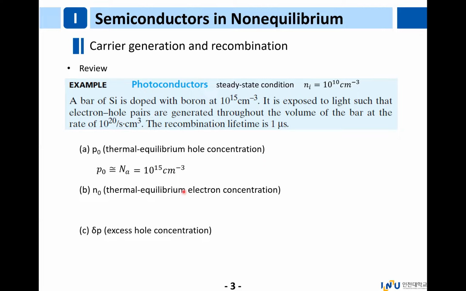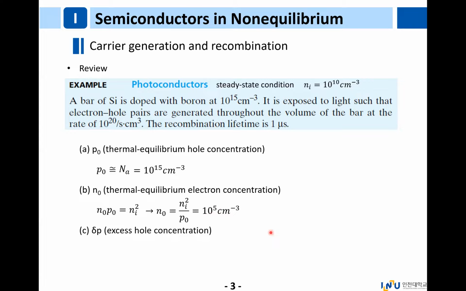The minority carrier concentration, which is the electron, can be determined using the mass action law. So applying this mass action law yields a result of 10^5, right?